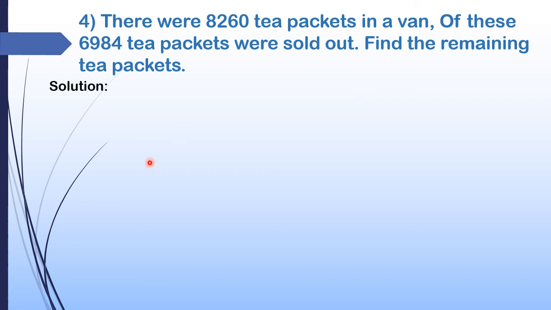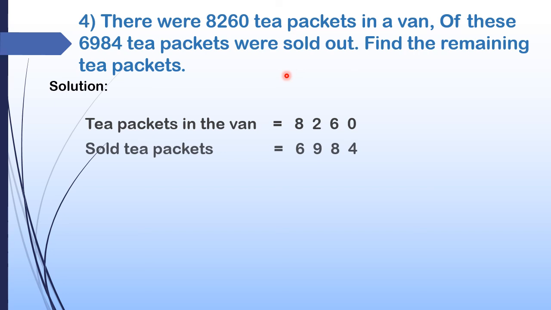So solution. So tea packets in a van is equal to 8,260. Then sold out. Okay. Sold tea packets is equal to 6,984. So the remaining tea packets is equal to, we have to subtract.